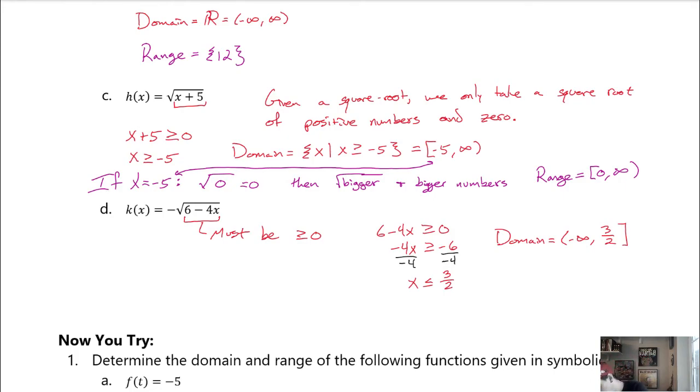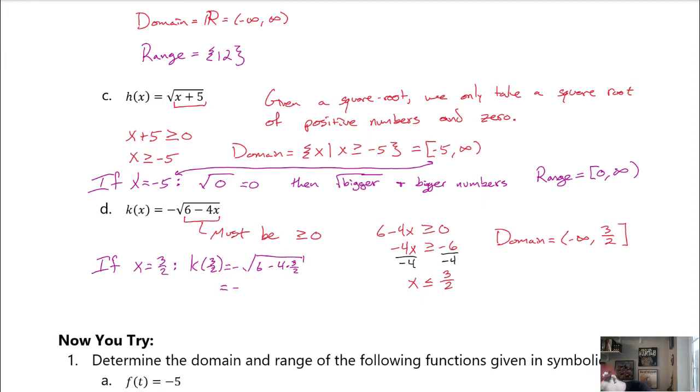All right, now we want to look at the range here. So square roots, like if we plug in 3 halves, then k of 3 halves equals negative square root of 6 minus 4 times 3 halves.